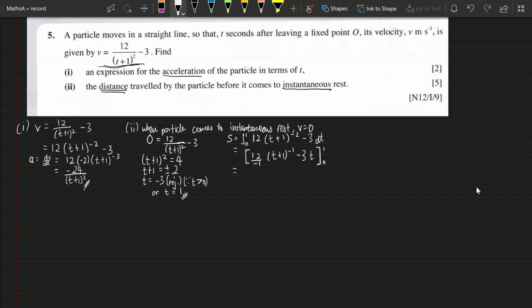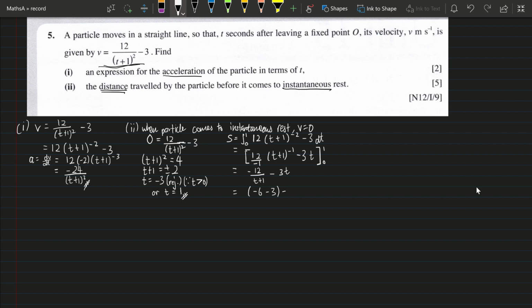So this one will give us negative 12 over t plus 1. Maybe just writing it again so it's clearer to see. When I sub in 1, I will get negative 12 over 2, so it's negative 6, minus 3.